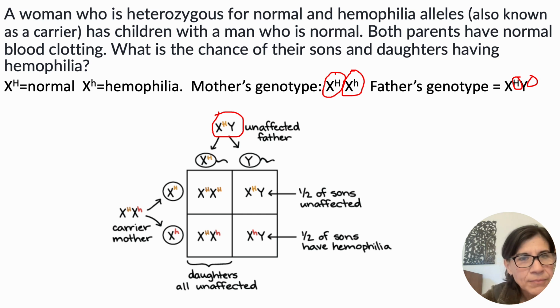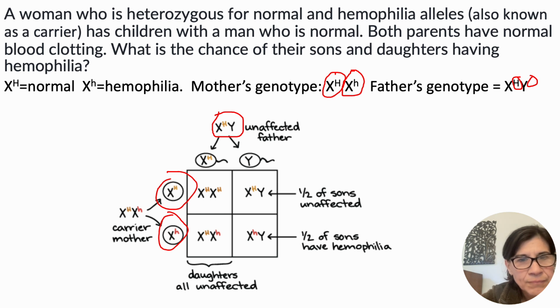The female is heterozygous, so she's X big H, X little h. She can either donate X big H, as in here, or X little h, as in here. So these are the male gametes and the female gametes, and then you join them.